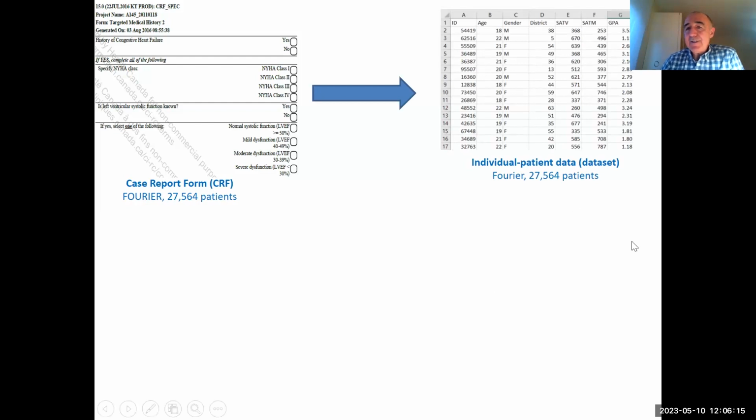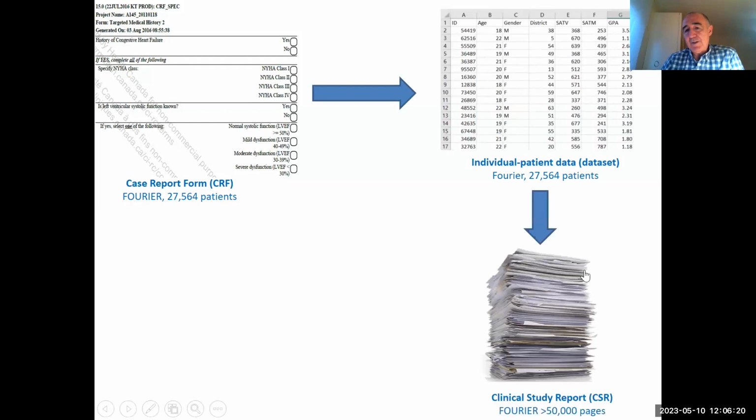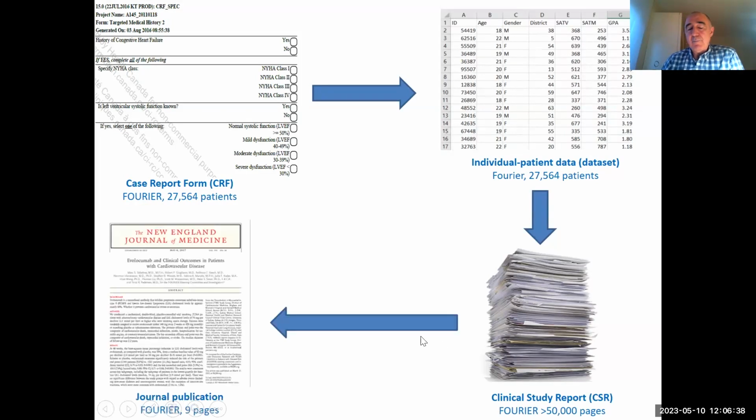And out of this data set, a very important document will be made, which is the clinical study report. There's a lot of clinical information in here. And in the case of this trial, this accounts for over 50,000 pages. And out of this clinical information, a publication will be made that will be published in medical journals.